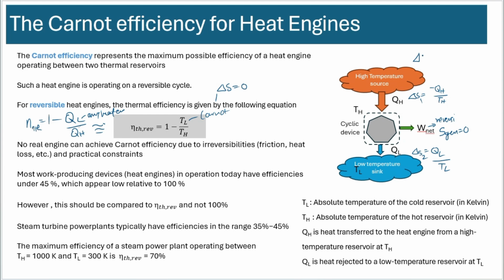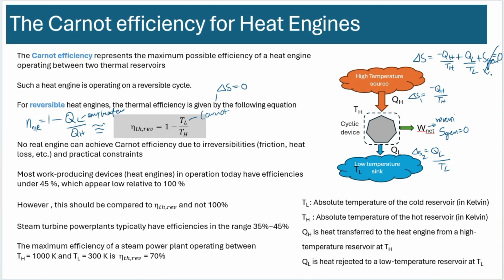So the total delta S is minus QH over TH plus QL over TL plus S gen, the entropy generated outside, which is 0. The total is 0.